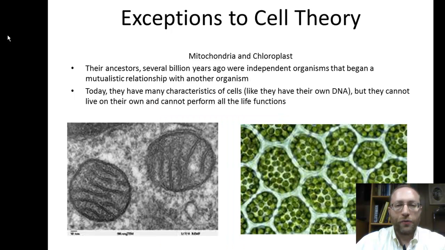The next exception would be two parts of cells. One is found in us, and both of them are found in plants: mitochondria and chloroplasts.